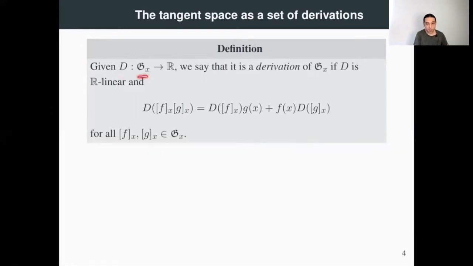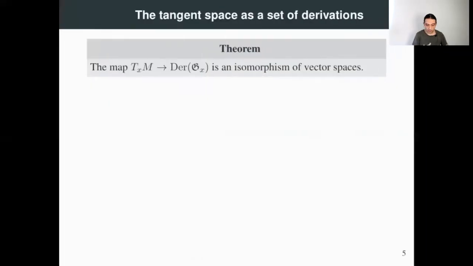Given a map D from the space of germs at the point x to R, we say that it is a derivation of the space of germs if first D is R-linear, and then it satisfies the Leibniz rule for any choice of germs F and G at the point X. Since these two properties hold, because of the results in the previous slide, every tangent vector at the point X defines a derivation of the space of germs at X. Okay, so we have this map over here, and we are going to study its properties.